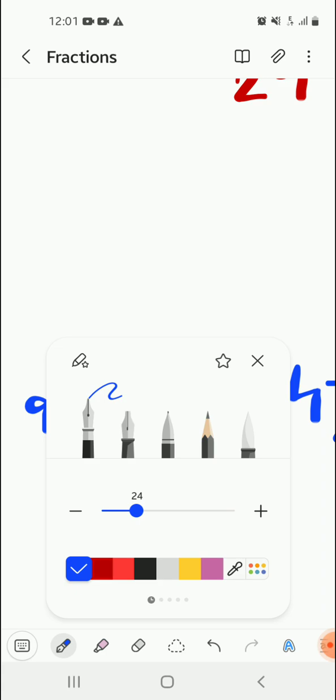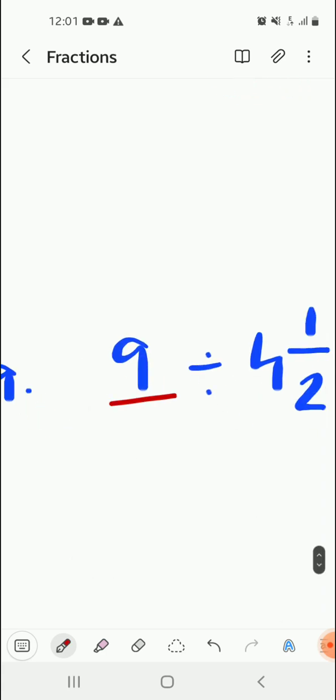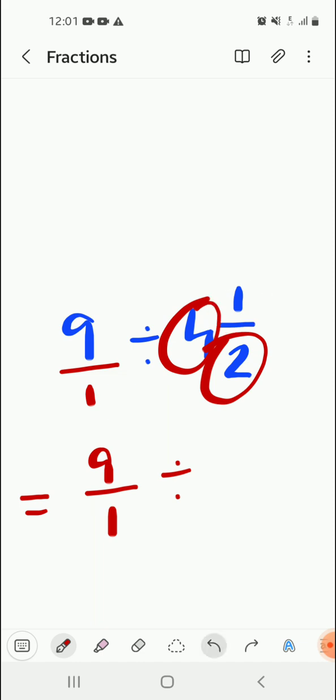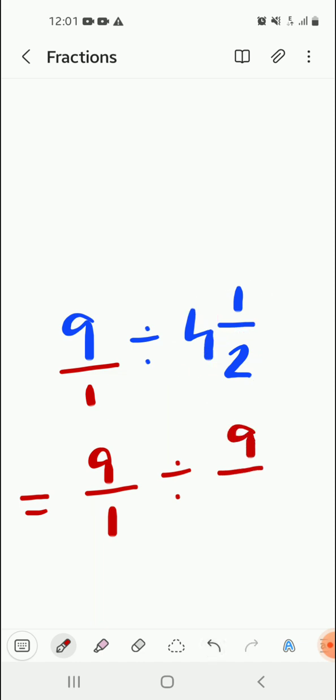Now see, 9 actually means 9 by 1. So we're going to write 9 by 1 divided by 4 into 2, 8 plus 1. So it's 9 by 2.